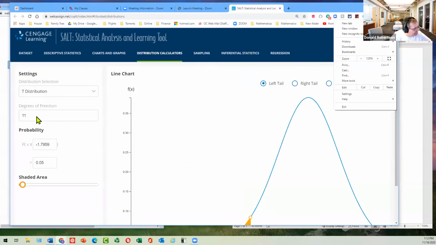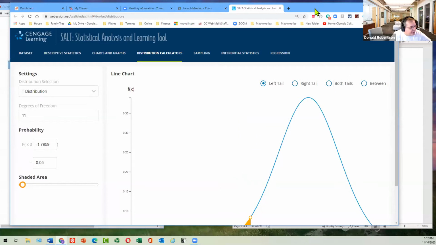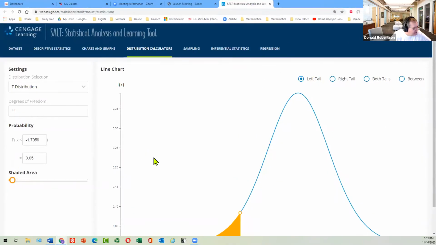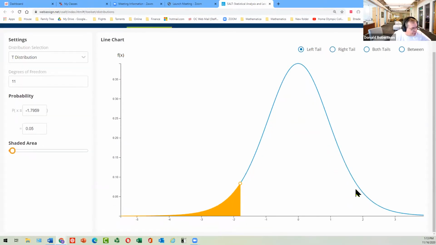Okay, so t-distribution 11. The first question was a 2.92. Now, in this question, a 2.92, won't it be over here going to the right? So I would say right-tailed, and then here I put 2.92. And you see this little guy here?